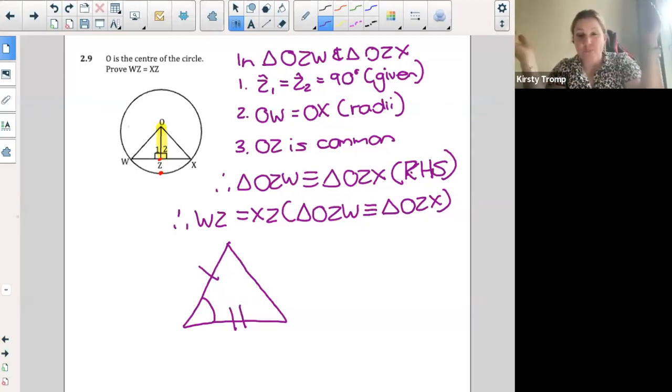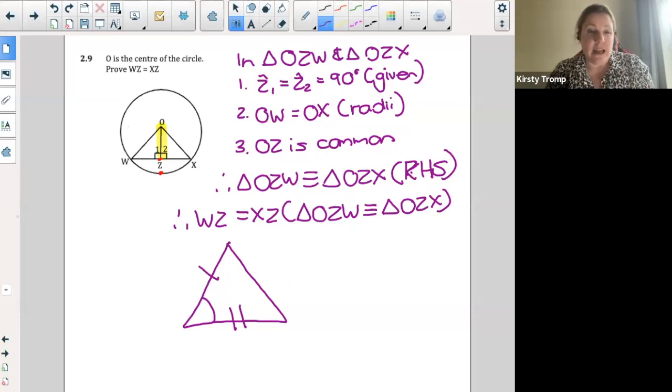Because those arms are hugging that angle, that's what makes it SAS. For right angle hypotenuse side, those arms are not hugging that angle. It's a right angle, a hypotenuse, and another side. It doesn't mean that you have to be hugging the angle.